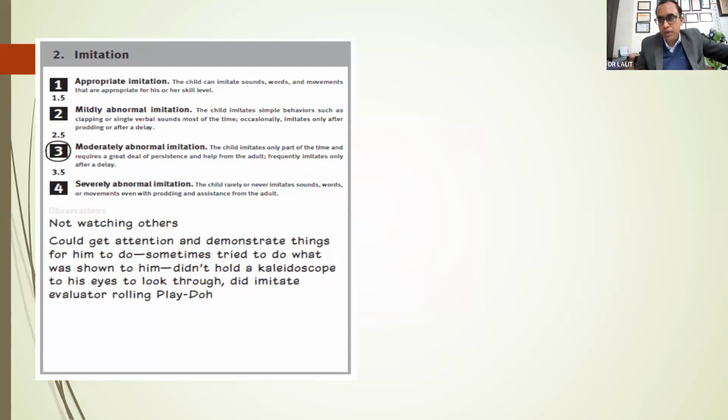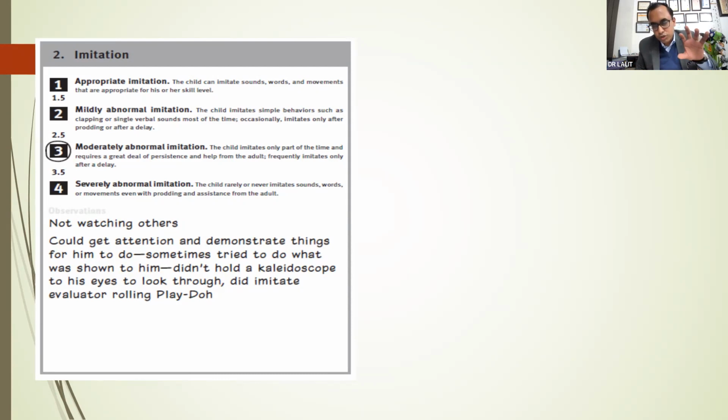He was trying to imitate something with the Play-Doh, though he might not be able to make a car or a ship. So imitations were there, but the child imitates only part of the time and requires a great deal of persistent help from the adult, frequently imitating only after a delay. So again he comes under the criteria of 3.